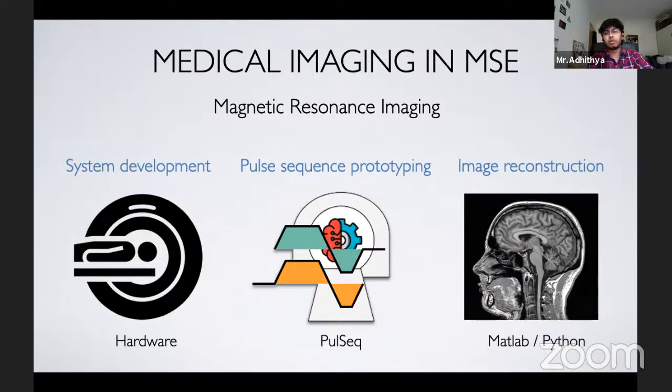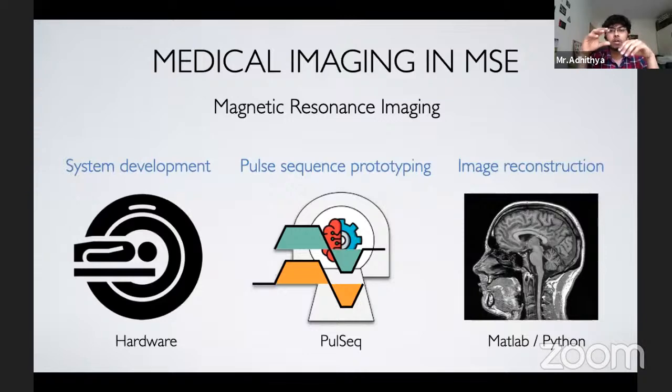Rather, MRI uses magnets and electromagnetic and electrical pulses, or to be more precise, RF signals, in order to get images. So basically how an MR system works is, we have a very huge magnet which produces a homogeneous magnetic field, meaning the field does not change. The strength of the field remains the same.